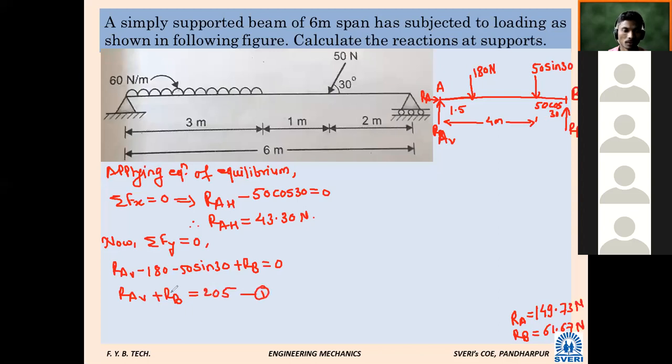Equation number 1. Summation of moments, summation of moments at point A.